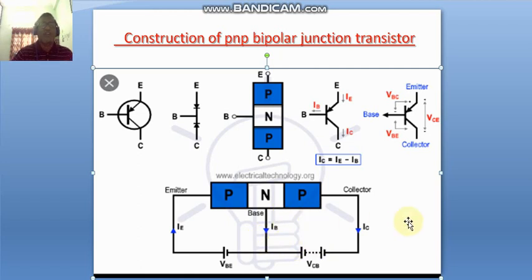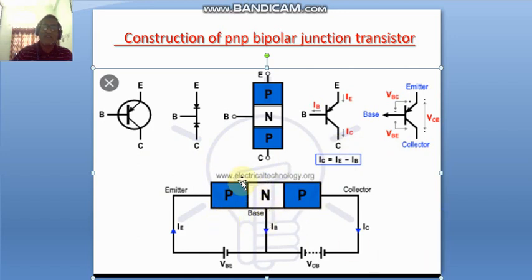Finally, the total current IE is equal to the sum of base current and collector current. This is the working function of PNP bipolar junction transistor.